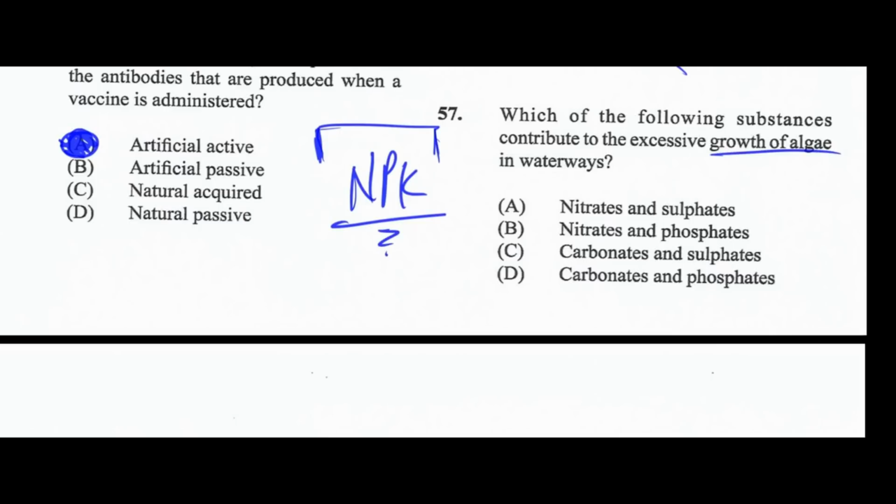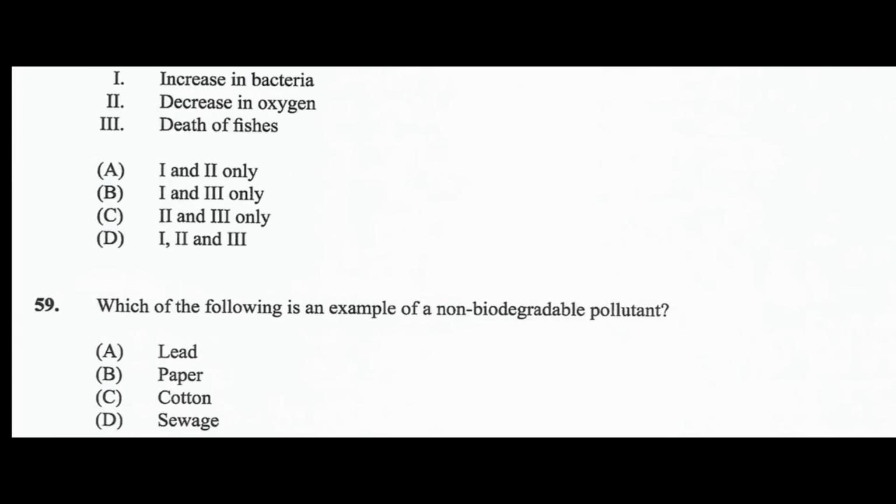So it will remove oxygen and sunlight and such and cause aquatic organisms overall to die. So nitrates and sulfates ain't it, because it's nitrates, phosphates, or potassium. Nitrates and phosphates seem like it, but let's look at the rest. Carbonates, no. So the answer for that is B.